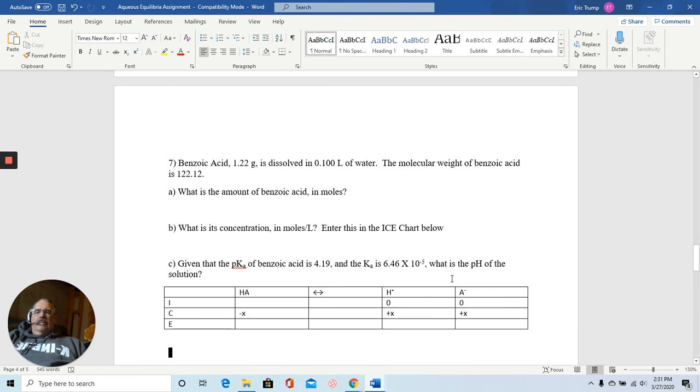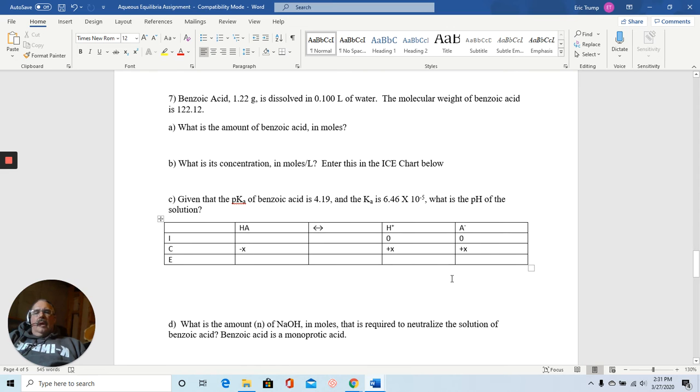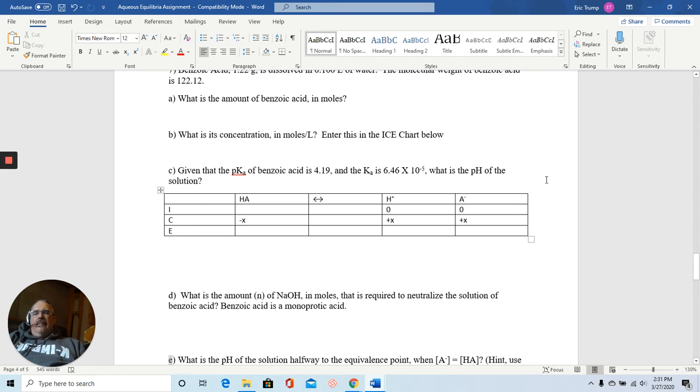Okay, so number 7, benzoic acid. It will have 1.22 grams dissolved in 100 milliliters of water, 0.1 liters. Calculate the moles. What's its concentration? And then you'll enter that value in the ICE chart below.